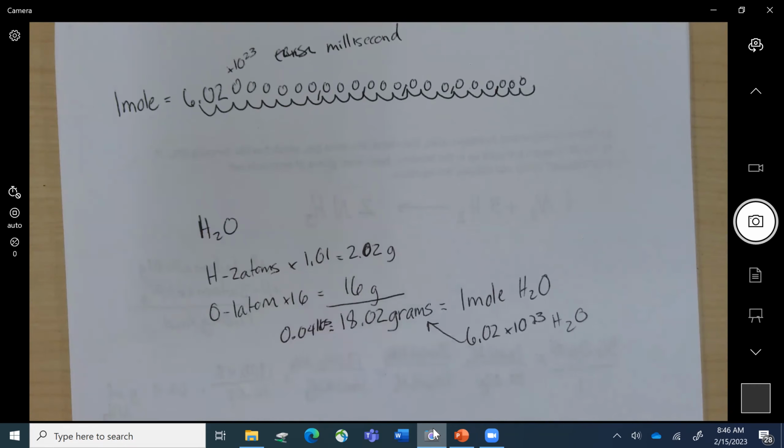So do you see why that number has to be so big? It has to be so big so that we even have something measurable and quantifiable. If the number was any smaller, the weight would be almost non-existent and it wouldn't matter. Does that make sense?